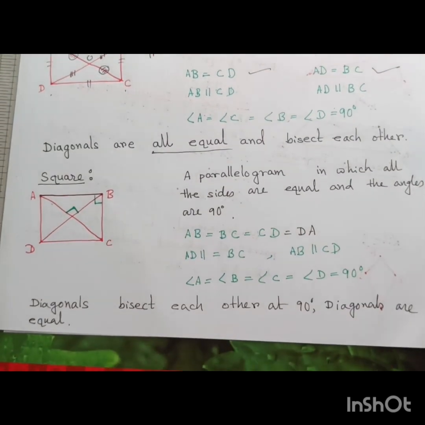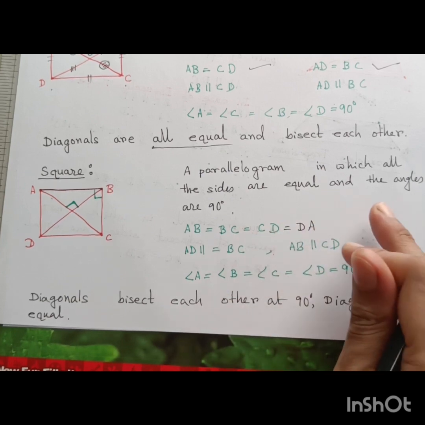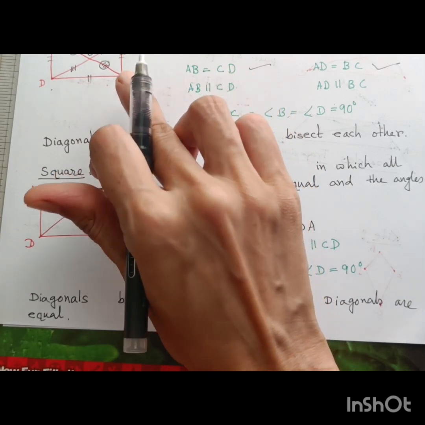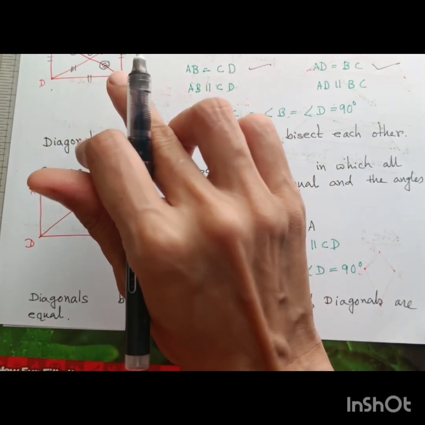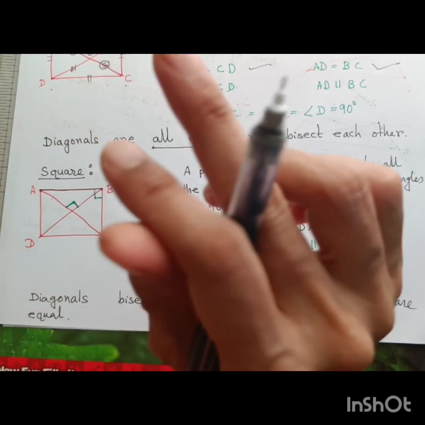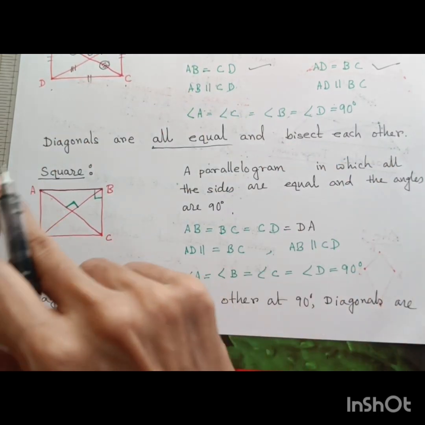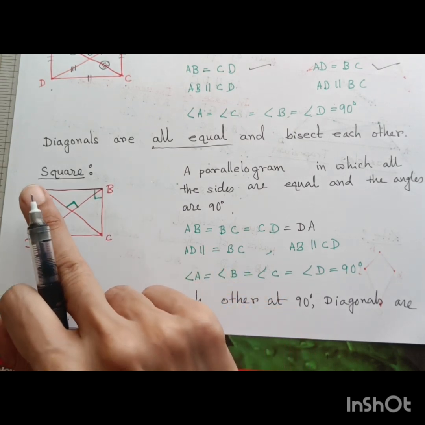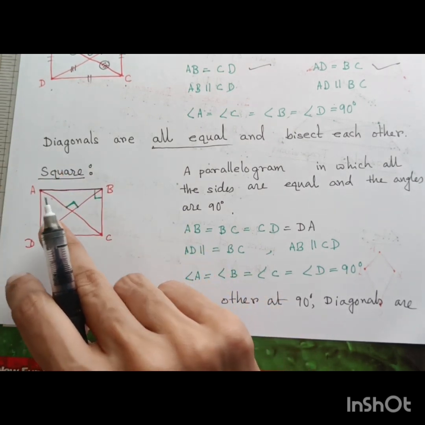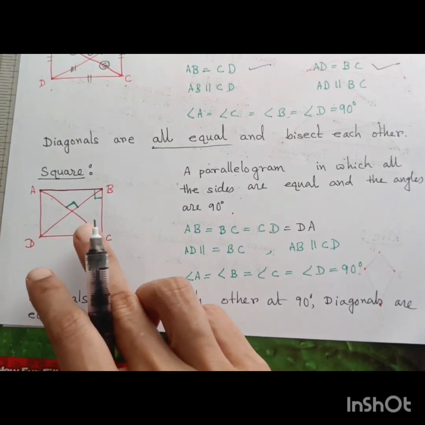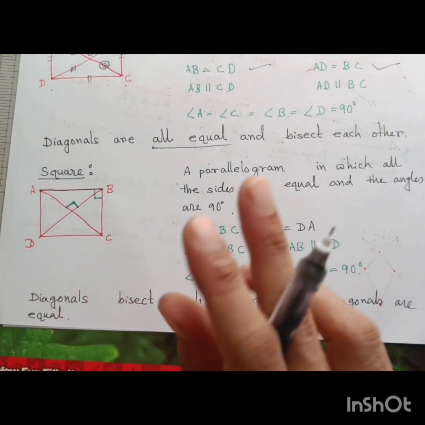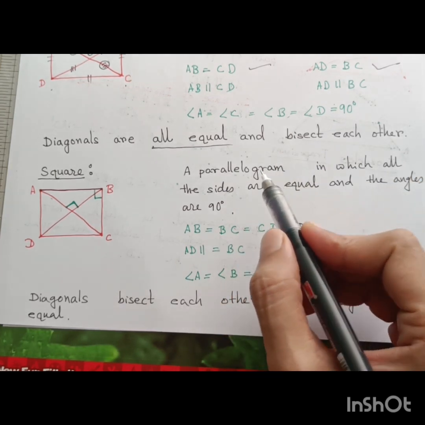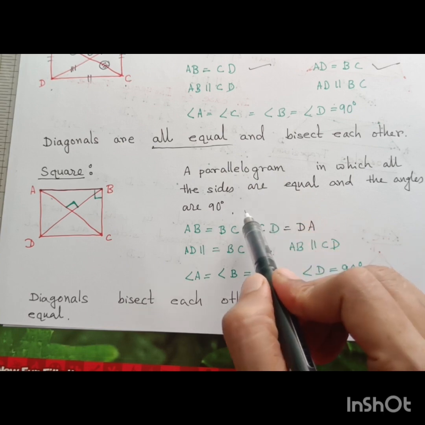Now the square. A parallelogram in which all the sides are equal. In the case of rectangle, the opposite sides are equal. In the square, all the sides are equal. That is AB equal to BC equal to CD equal to DA, and the opposite sides are also parallel, and all the angles are 90 degree like rectangle. What is different from rectangle?